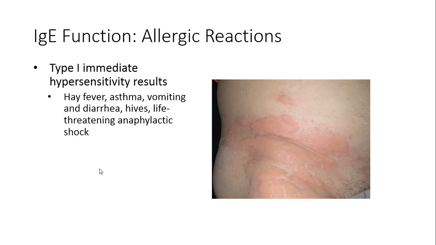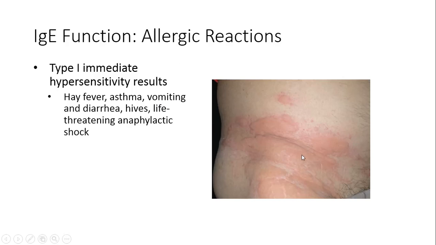This is just an example of what a type 1 hypersensitivity reaction is. So this is a response to things like allergens, things that cause someone to have an allergic reaction, pollen, hay fever, those kinds of things, peanuts, immediate responses. Some of the things that we see, we'll see things like vomiting, diarrhea, hives.